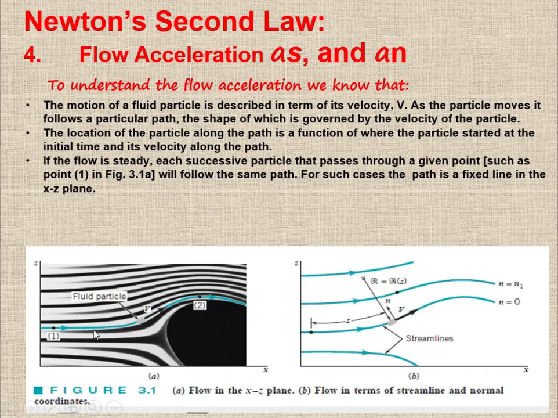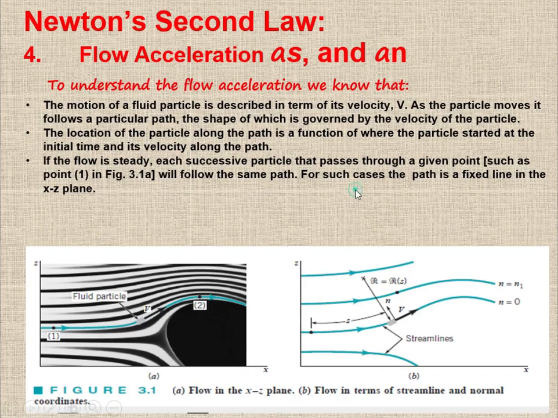If the velocity is changing, it will leave this path and take some other path, and if the velocity is constant but the fluid properties are changing, for example the density, this particle will move upward or below this line. So if the flow is steady, the particle will follow the same path, because the velocity is constant and the fluid properties are constant.